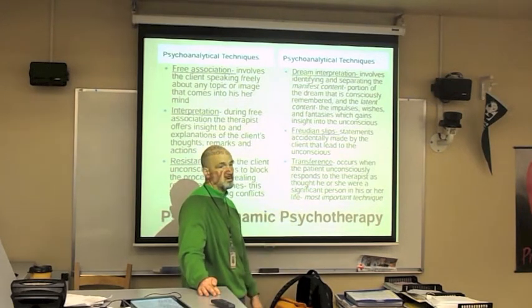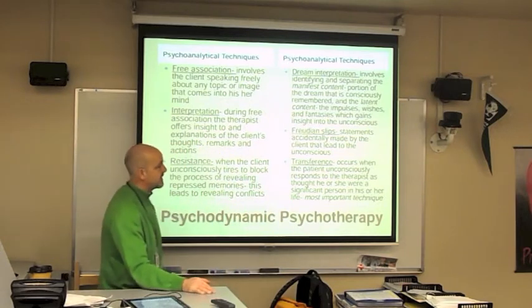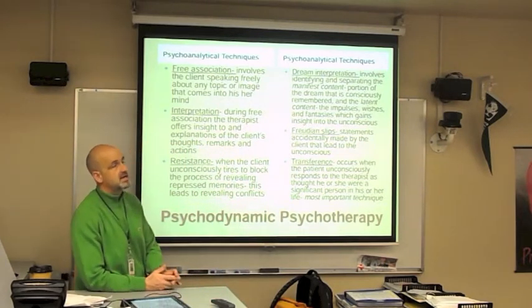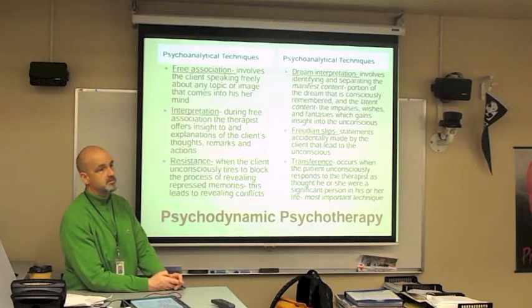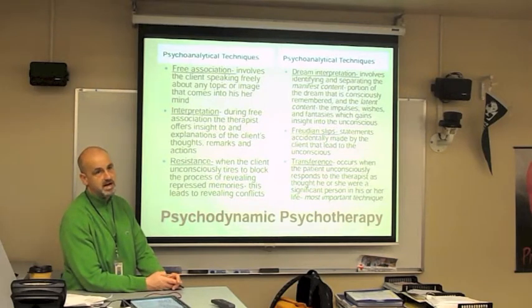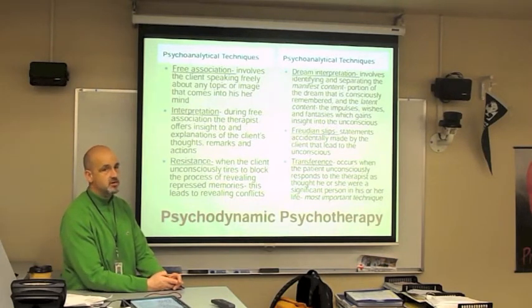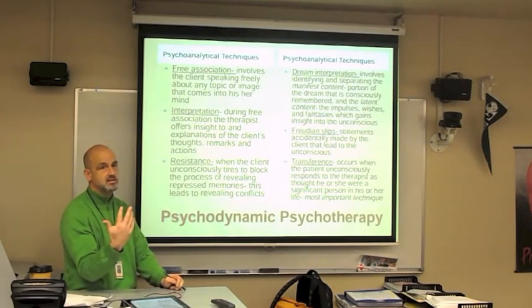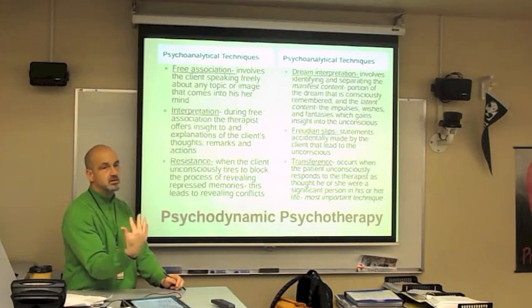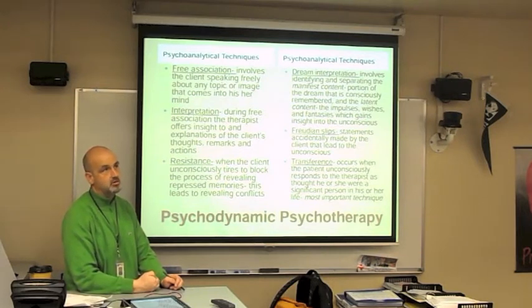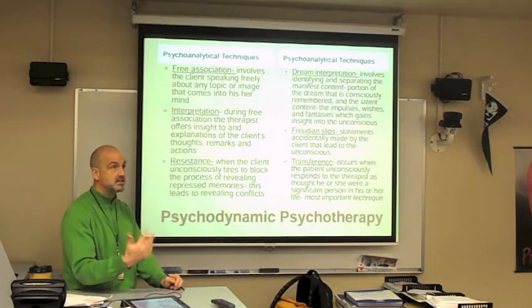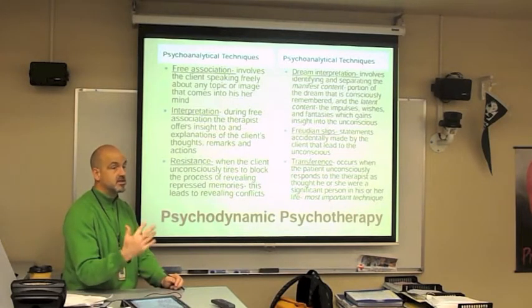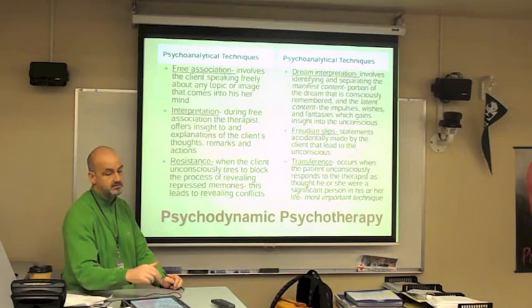And when I say it's the most important technique, often what will happen in transference is, if they have some type of anger or some type of unresolved issues with their father, they will often transfer that unconsciously onto the therapist, where they almost believe the therapist is their father. And when they do this, they'll let out these emotions that are often reserved for this person. They were hidden from the person. So they respond to the therapist as if the therapist is this person in their life.